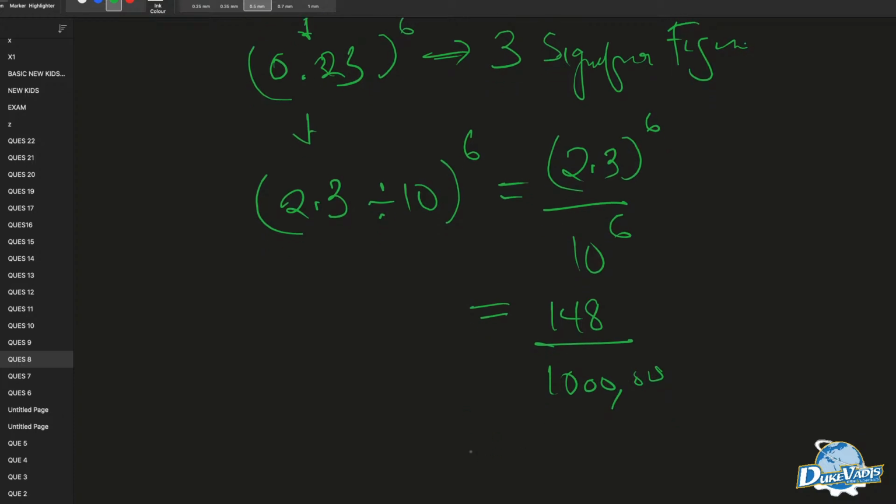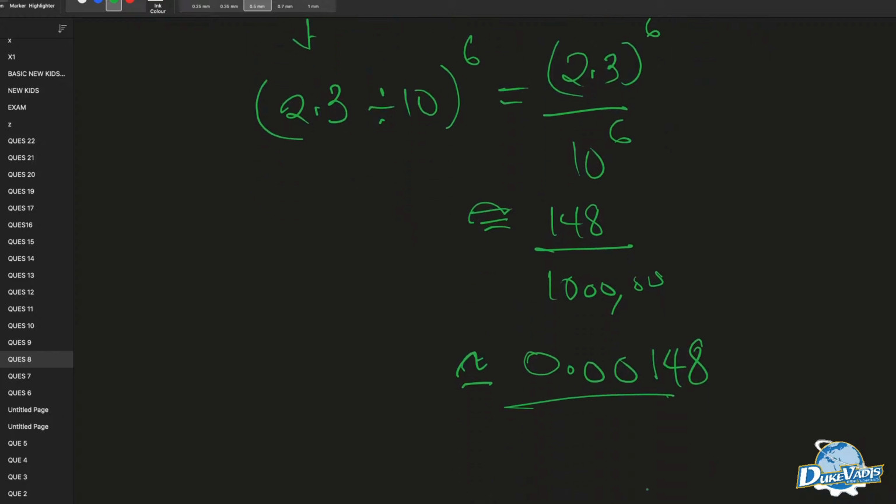In its equivalent form, we are going to count from the back: 0, 1, 2, 3, 4, 5. So this will be 0.00148, and this gives you 1 mark.